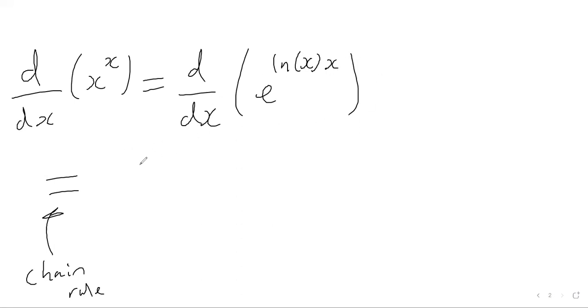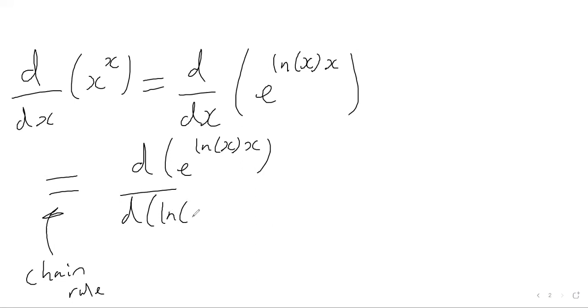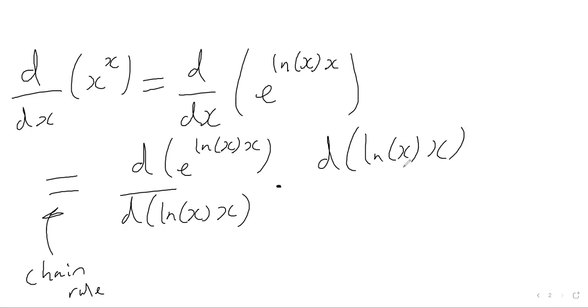We differentiate e to the ln x multiplied by x with respect to the ln x multiplied by x, i.e. with respect to the function we're substituting into the exponential function. Then we multiply that by the derivative of ln x multiplied by x, differentiated with respect to x. This is just applying the chain rule.